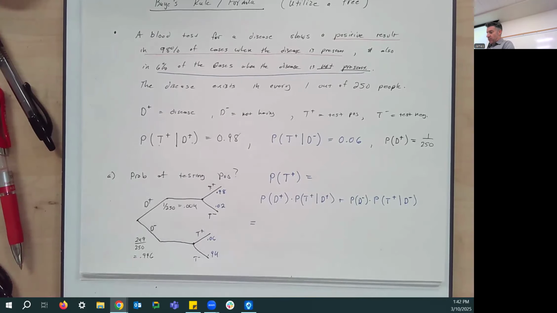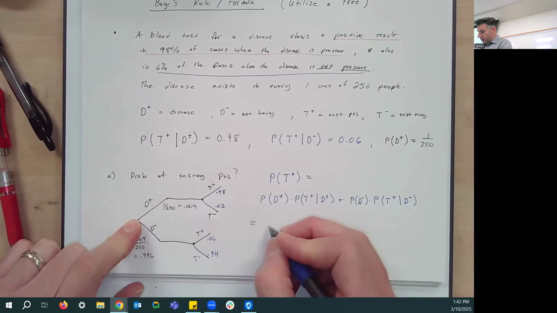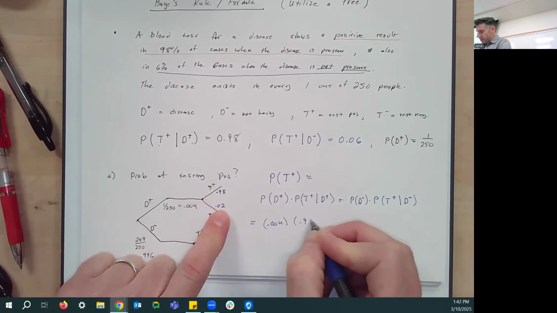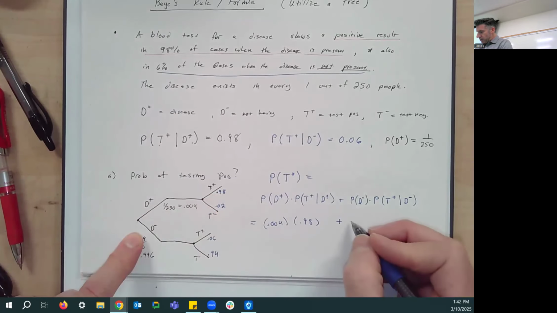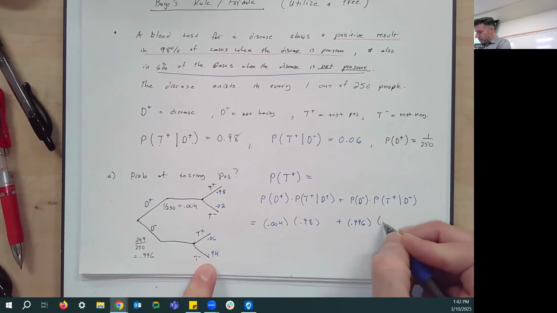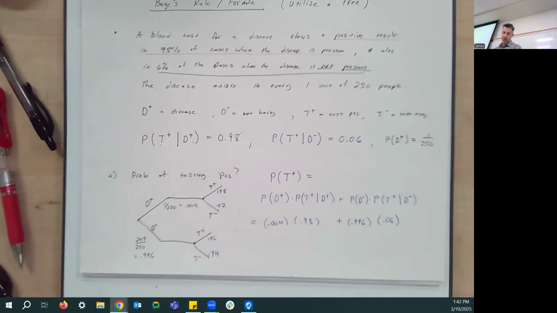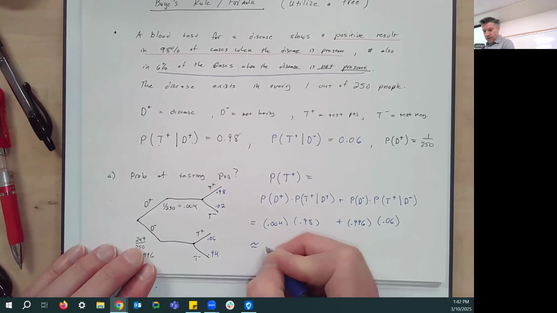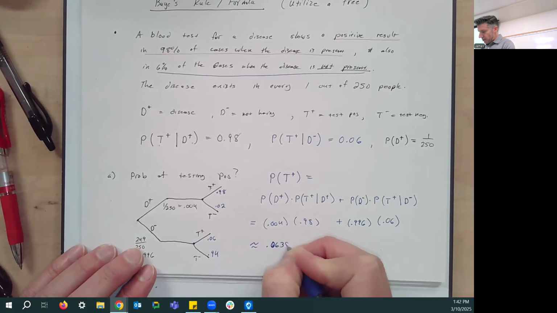So then we fill in the numbers. It's going to be probability of D plus, so 0.004 times this, which is 0.98, plus this, which is 0.996, times that, which is 0.06. Not too terrible. Which ends up being approximately 0.0638.